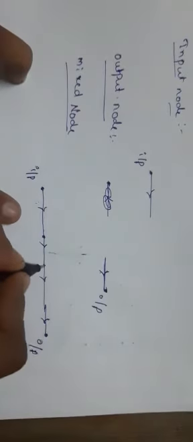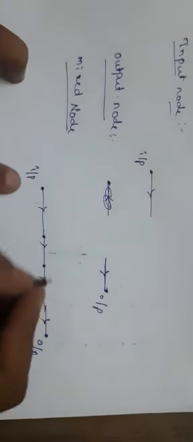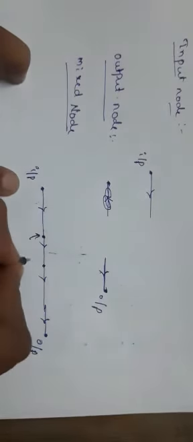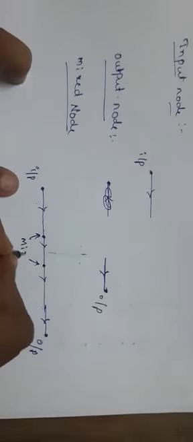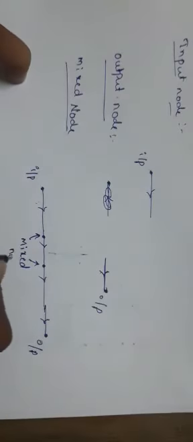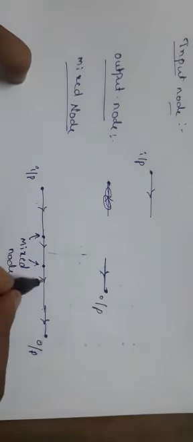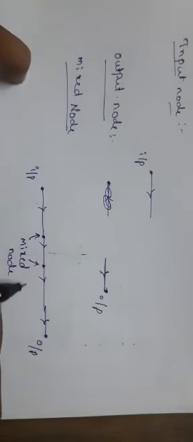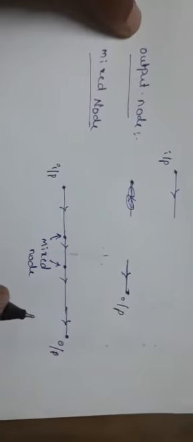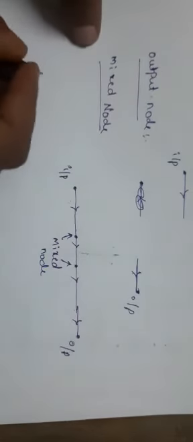See this node, it is having both incoming and outgoing, so these two are called mixed nodes. A node which consists of both incoming and outgoing branches or signals is called a mixed node.